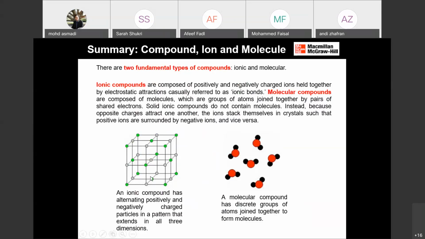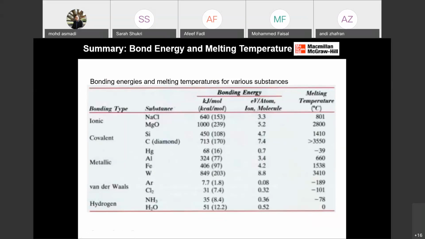So bond energy and melting temperature for various substances depend on the bond types. Generally, ionic bonds have a high bond energy compared to covalent, and covalent bonds have a high bonding energy compared to metallic. For the primary bonds, the bonding energy is much greater than secondary bonds such as van der Waals and hydrogen.